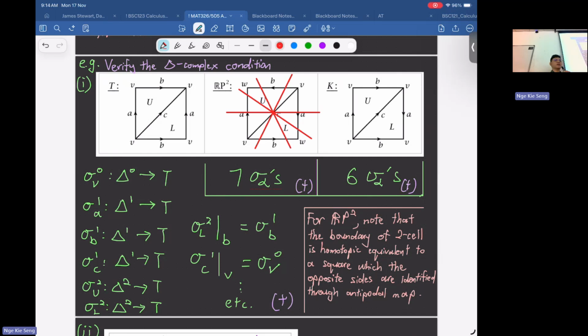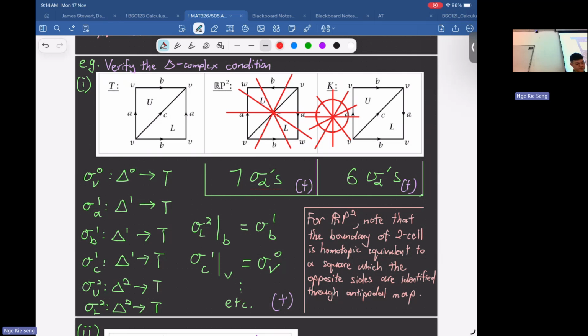Okay, makes sense? The directions on top and bottom and the mirror are opposite. Does it make sense? So you can think of this as a circle as well, just make a corner for them.